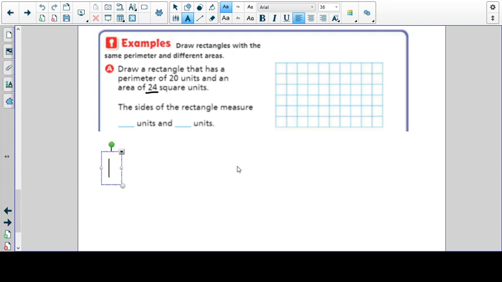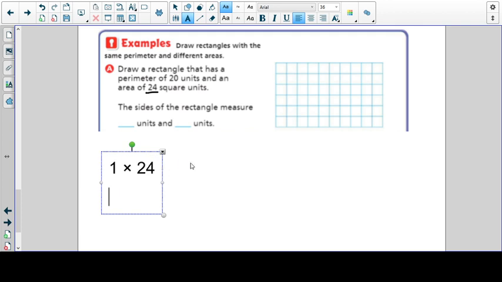I said I love finding patterns, and it helps us solve the problems. So the first thing I need to think of is, what two numbers multiplied together are going to give me 24? The first one that I can think of is 1 times 24.